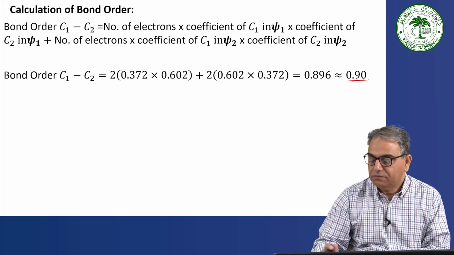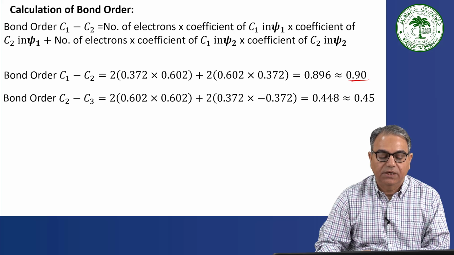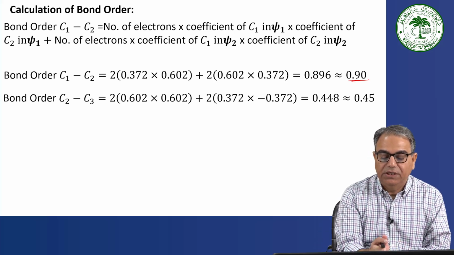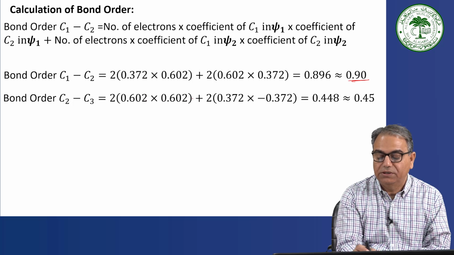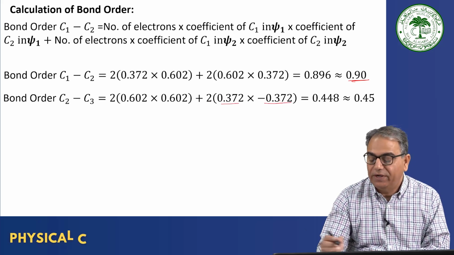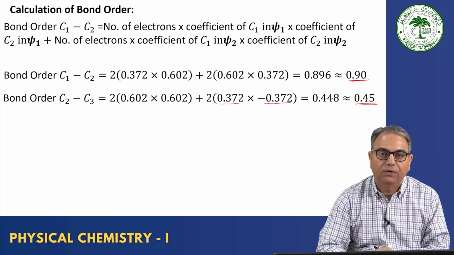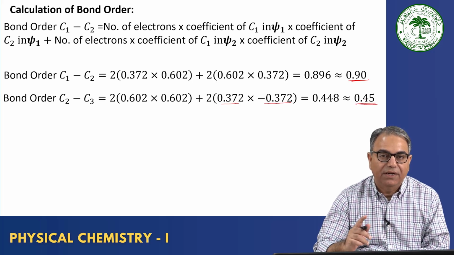Okay. Same way you can do it for C2 and C3. C2 and C3 will have the coefficients 2 into 0.602, 2 into 0.602, and then 0.372 and minus 0.372. So finally what you have is 0.45. Bond order is low here. See, we are not calculating the sigma bond, we are talking about the pi bond only.